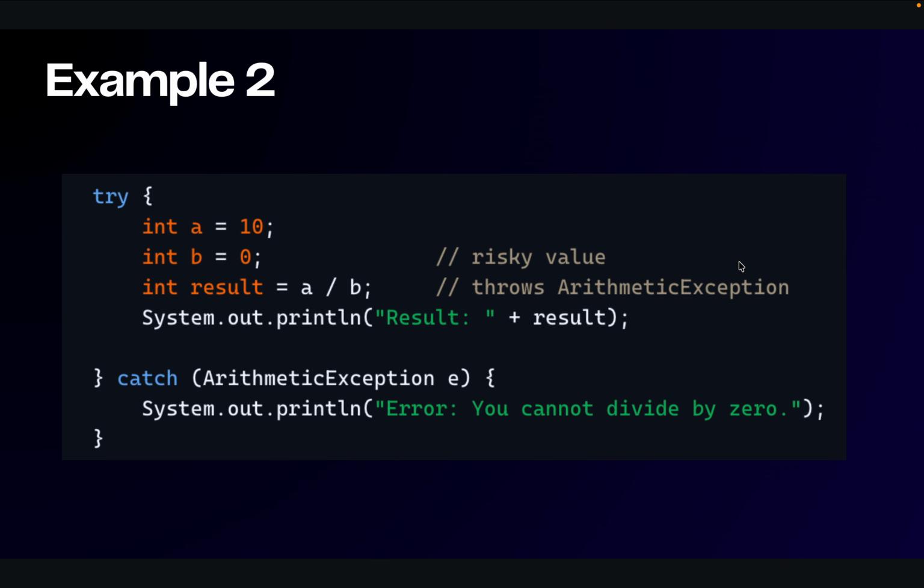That is why we are using catch ArithmeticException e, and we're basically saying print this out if this code causes an arithmetic exception. So that's a good example to see how to change out the exceptions within your catch block.